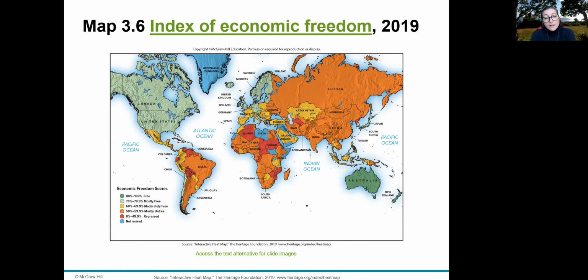Note that United States and Canada, as well as the United Kingdom, are light green, whereas dark green, which is a higher measure of economic freedom, is shown to be in Australia and New Zealand and Ireland. There you go. And yet Americans quite often refer to Australia as socialist.